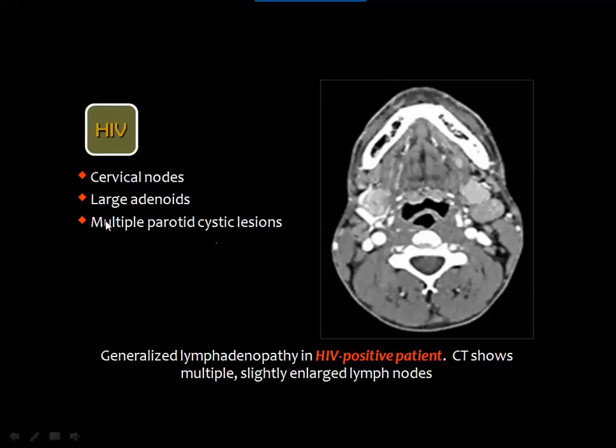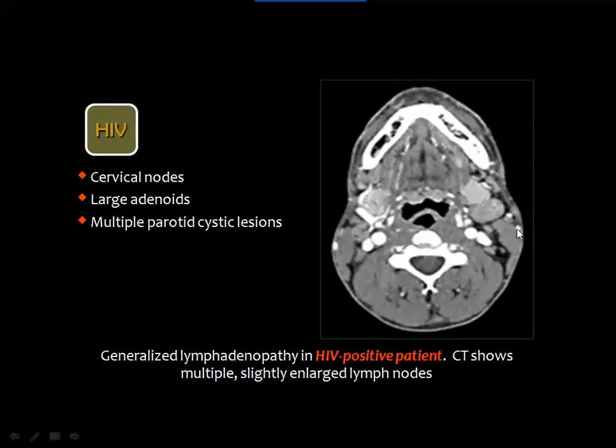And you also get, you remember, in the parotid gland, multiple lymphoepithelial cysts, which are spread in the parotid glands in patients known to be HIV positive.